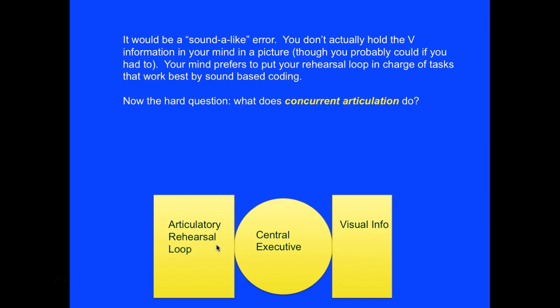We make sound-alike errors because we're looping through the sounds, and as we loop through sounds like B, C, E, they almost interfere with each other because they're so close acoustically.